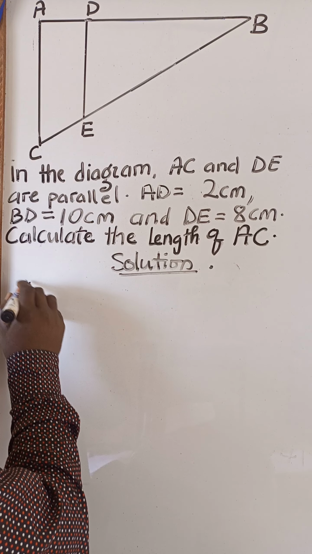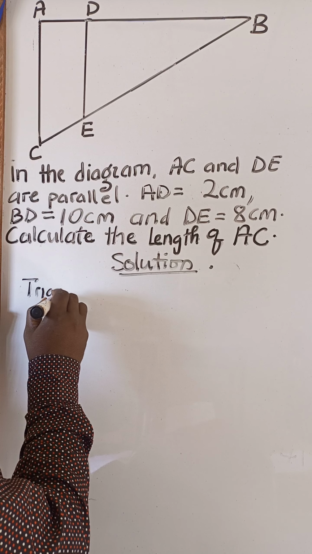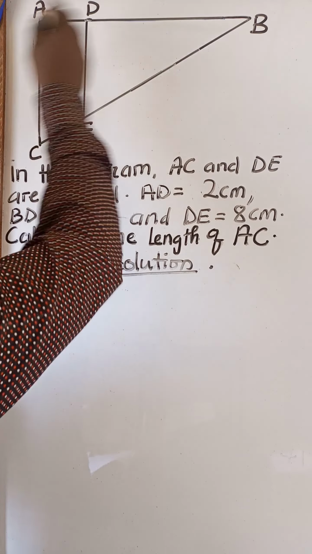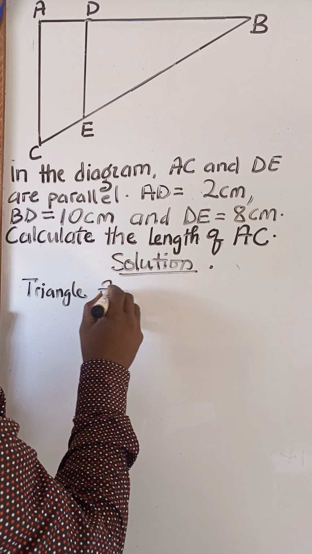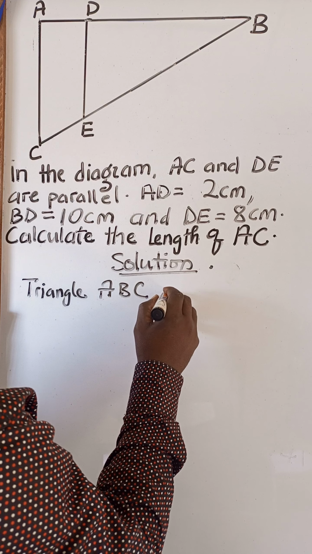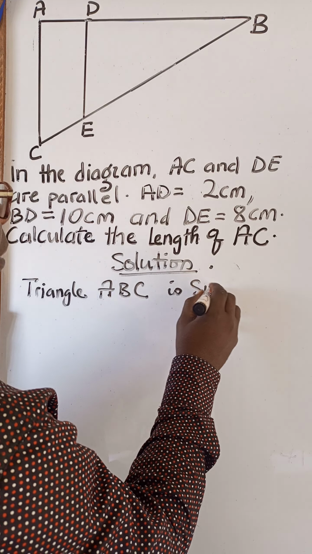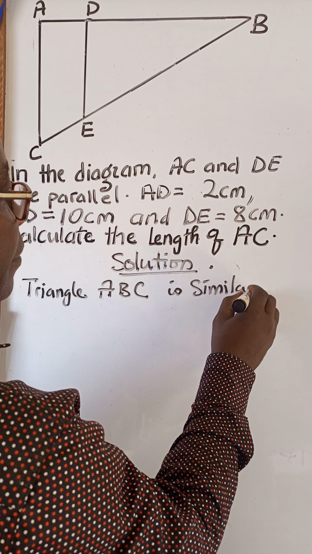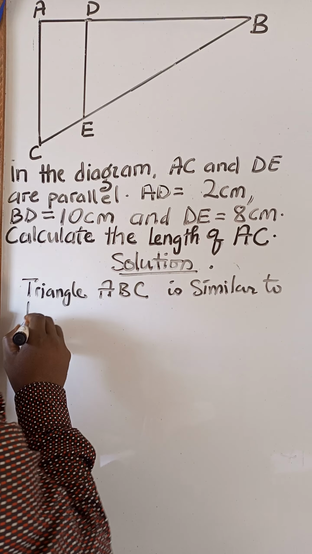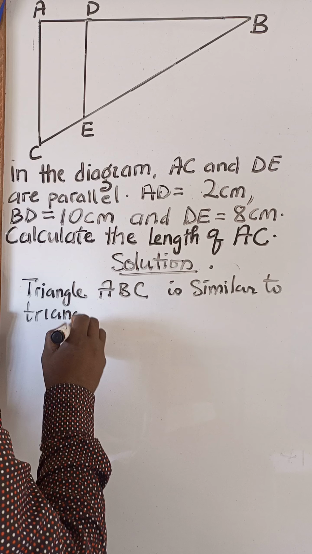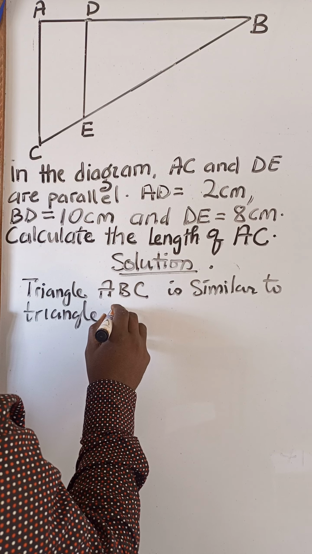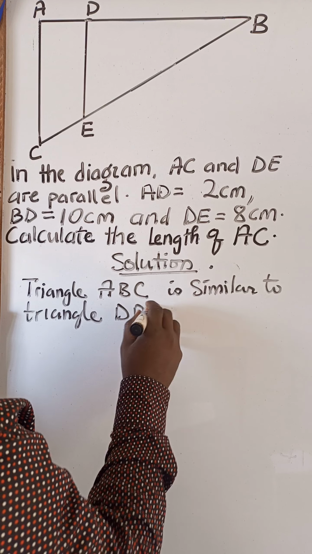We see that the triangle ABC is similar to triangle DBE.